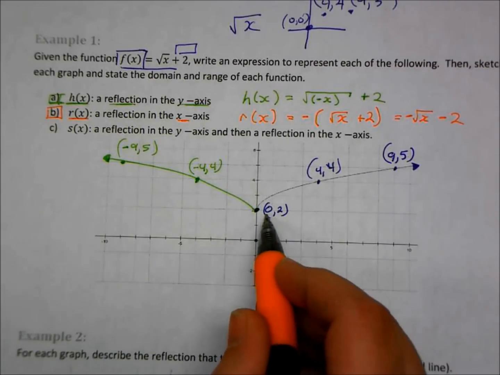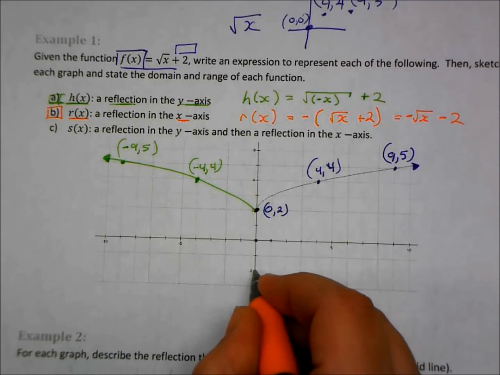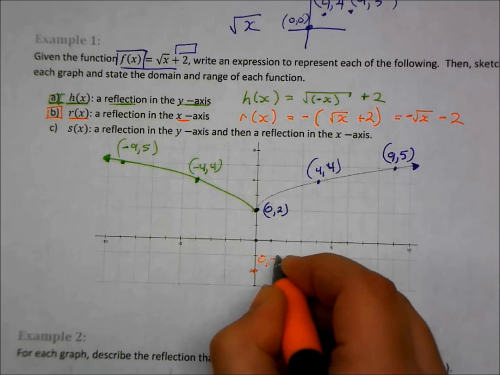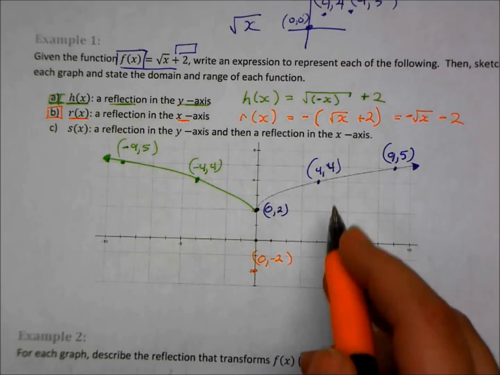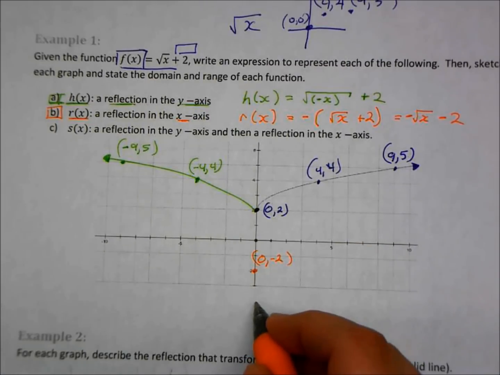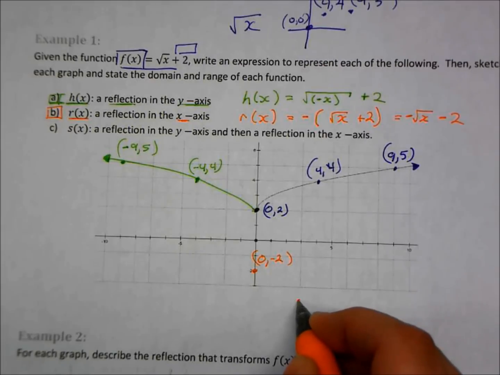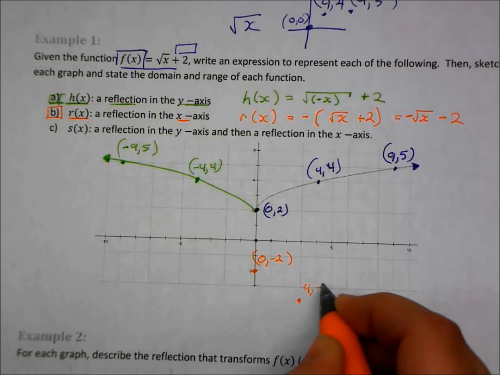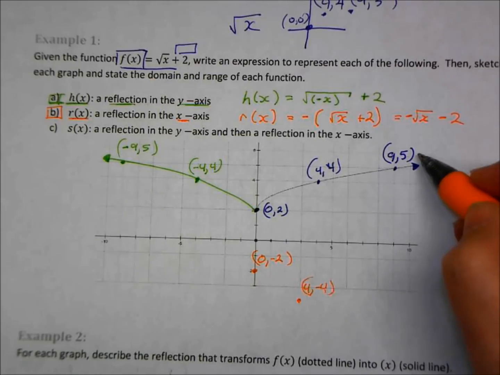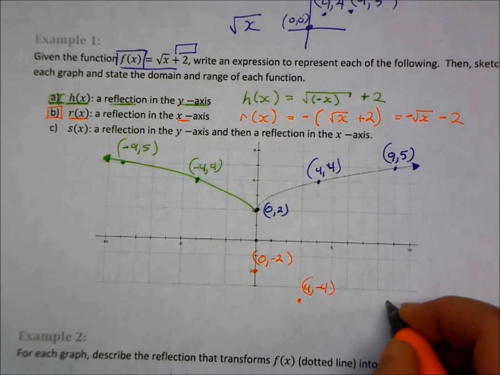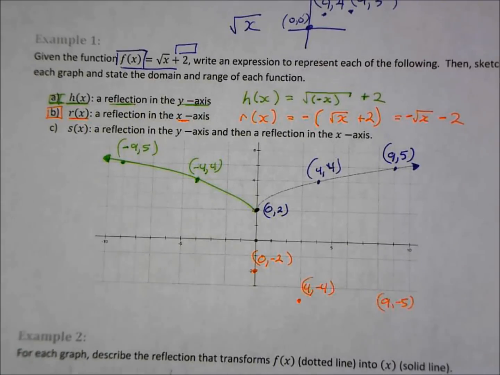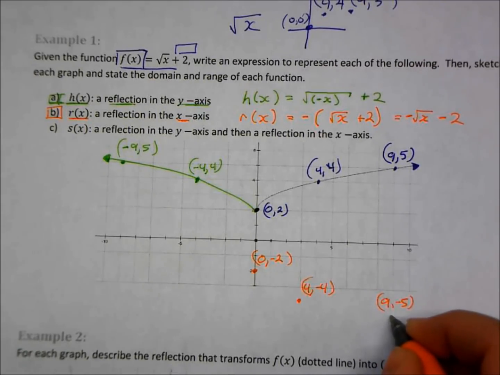So (0, 2) is going to become (0, negative 2). (4, 4) is going to become (4, negative 4), and I'm going to have to stretch it off the graph. (4, negative 4). And (9, 5) is going to become (9, negative 5). It's the y-coordinate that's changing.